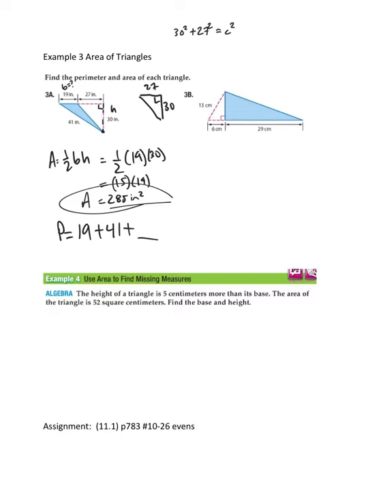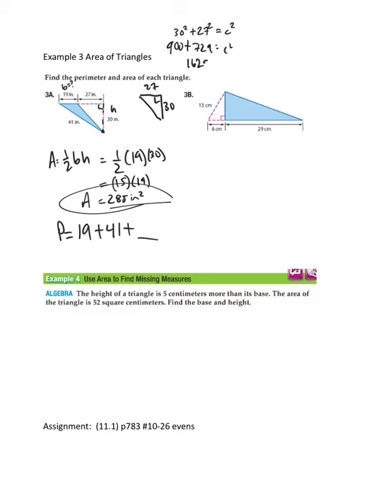30 squared is going to be 900. 27 squared is 729. Equals c squared. 729 plus 900 is 1629.